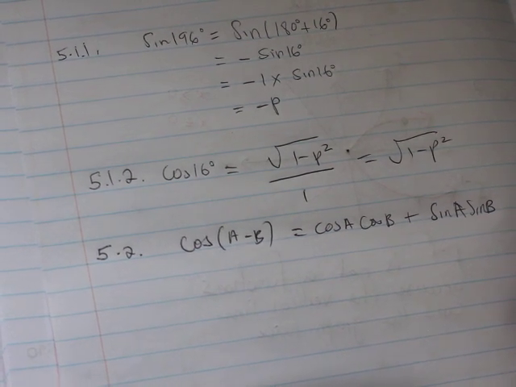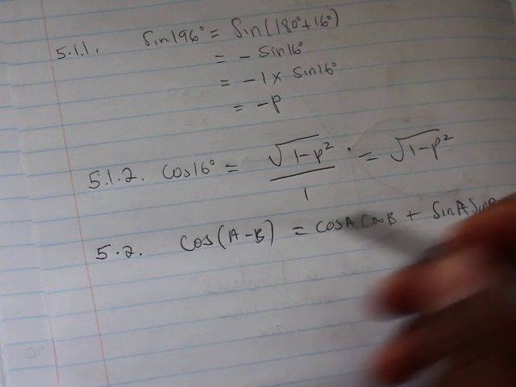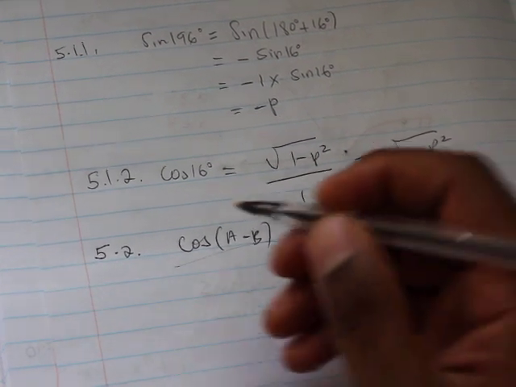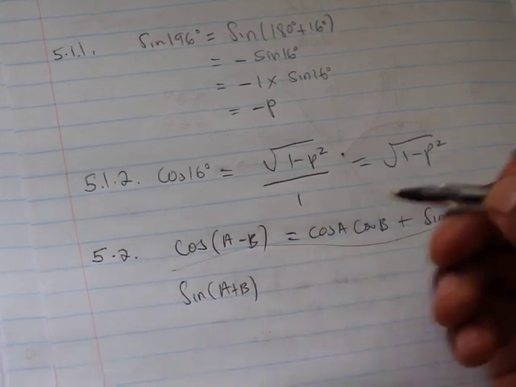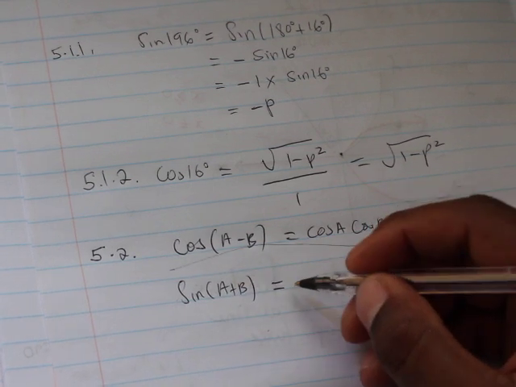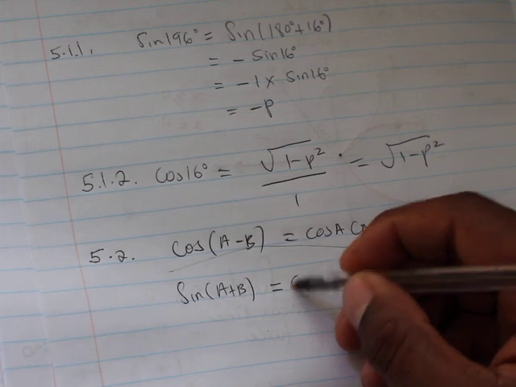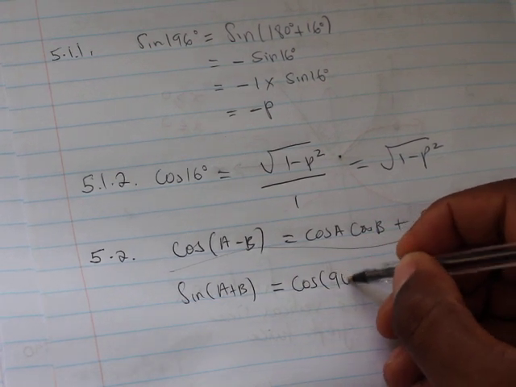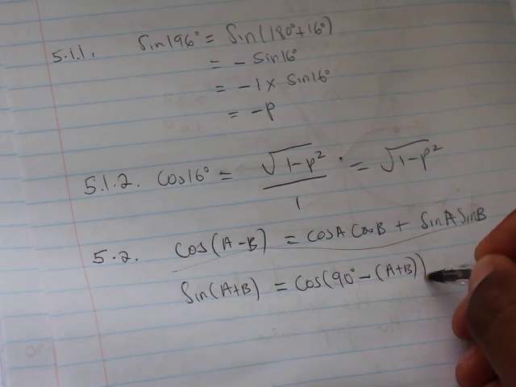So this is what we have. But they're saying we must use this to figure out what the sine of a plus b is going to be. And we know that the sine of a plus b, according to the cofunction ratio, is the same as the cosine of 90 degrees minus a plus b.